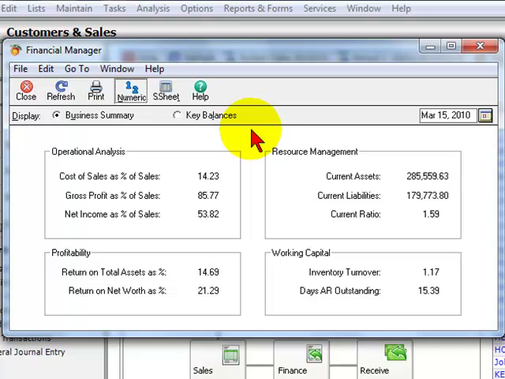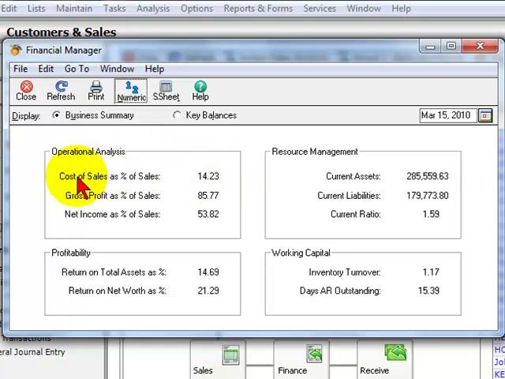Now the first percentage you see is cost of sales as percentage of sales, and that's basically the cost of an item divided by its sales price. So for 14.23, that would mean that if you sell an item for $100, that item cost $14.23.